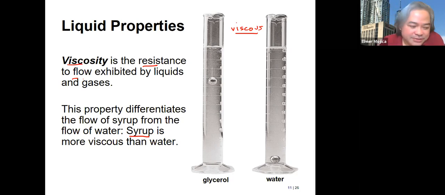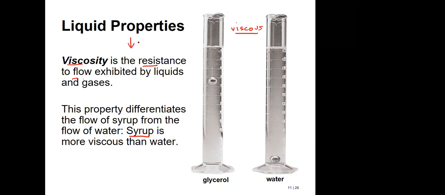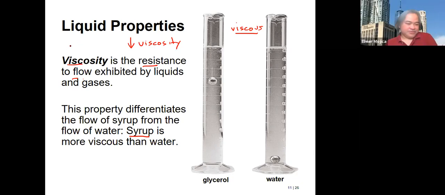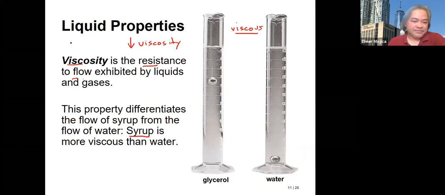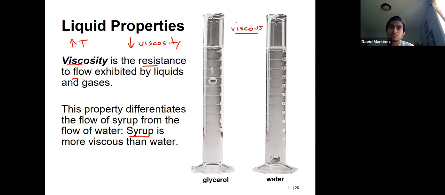How are you going to decrease viscosity? What do you think you can do to decrease viscosity? Anyone? Add water? No, the more practical way that you have discussed already in this chapter. You increase the temperature.